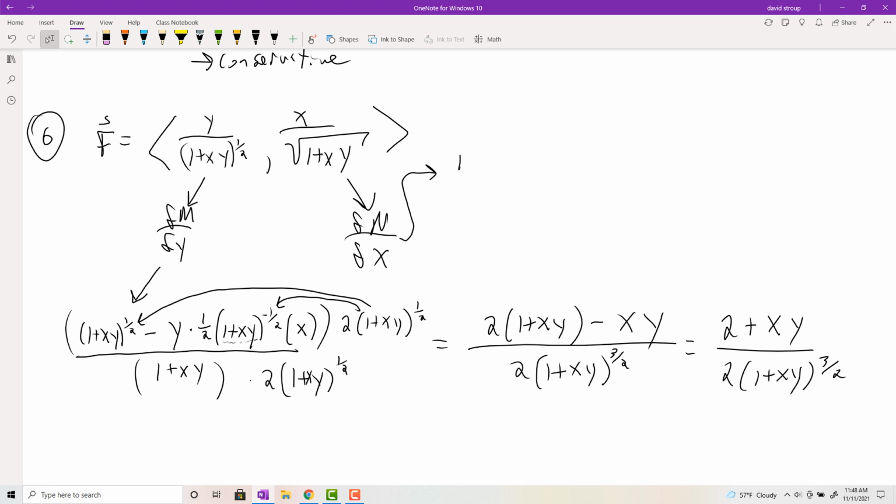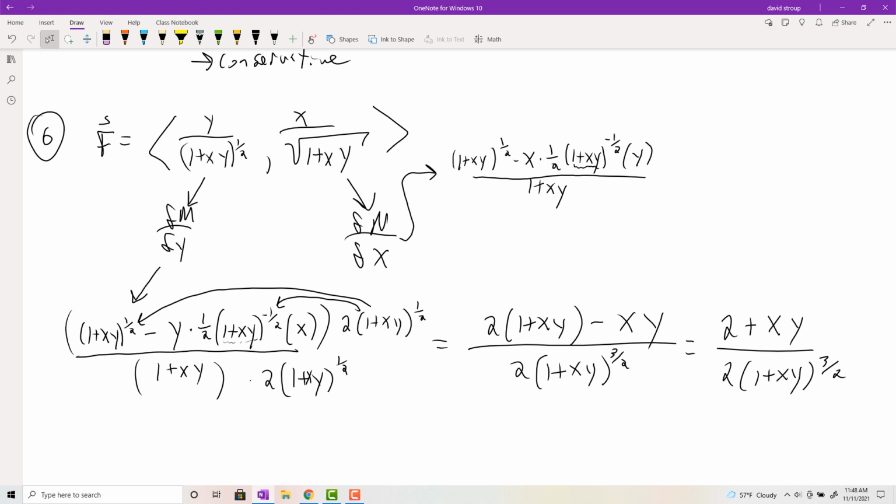So I'll have 1 plus xy, or a quotient rule, not a product rule, to the 1/2 minus x times the derivative of the denominator, which would be 1/2 times 1 plus xy to the negative 1/2 times the derivative of this with respect now to x, which will be y, and then all over top of 1 plus xy to the 1/2 squared. So it's just 1 plus xy.